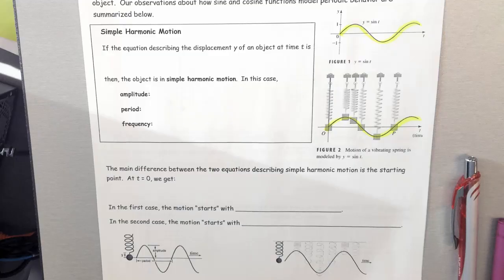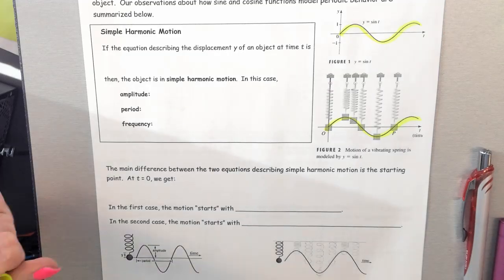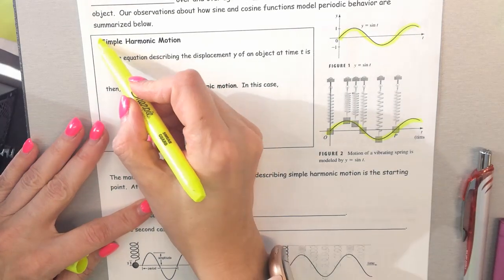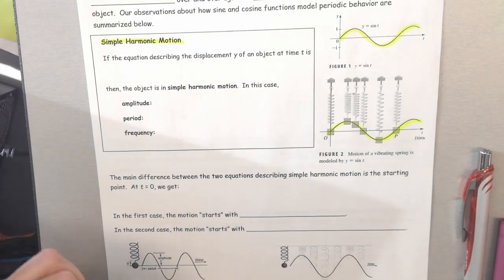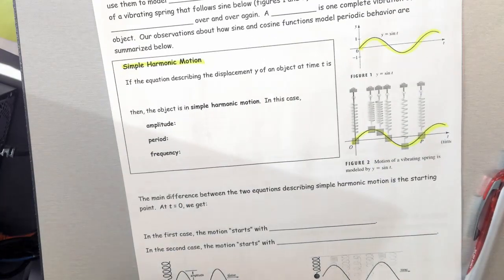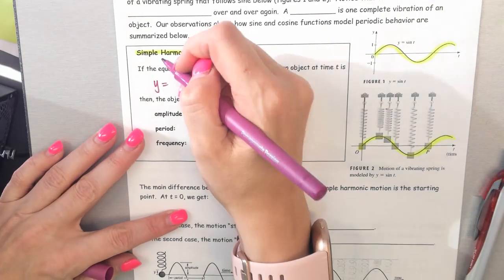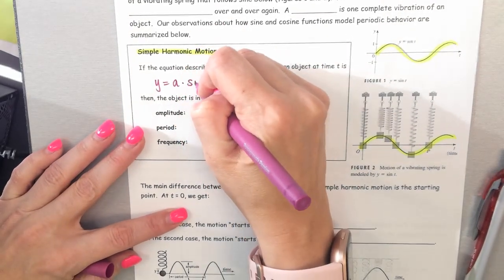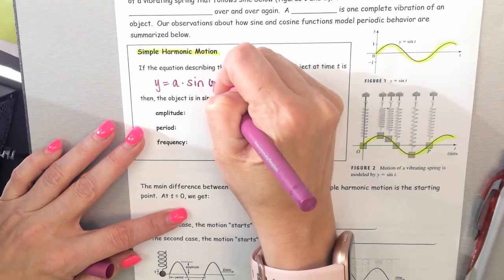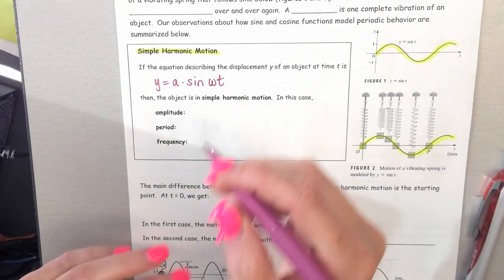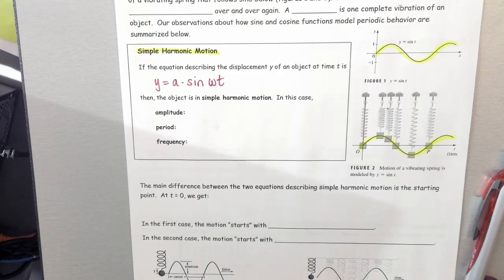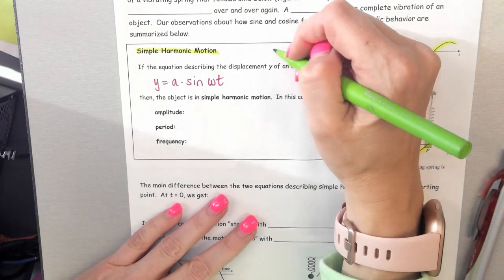Okay, so in simple harmonic motion, we have the equation y equals a times the sine of, and this is like a fancy W, it is actually the lowercase omega.